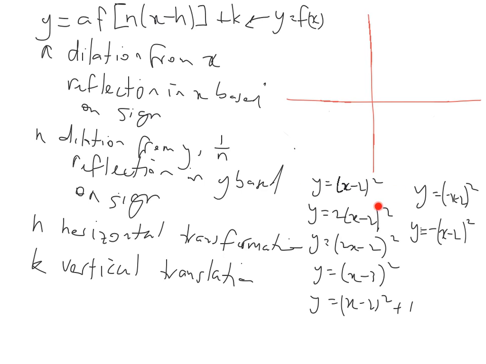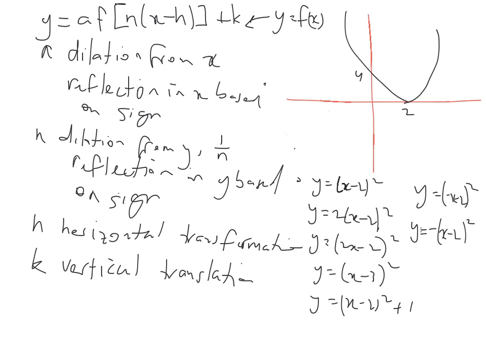So let's say we've got a base function of y equals x minus 2 all squared. Now we know that that looks like this. We're at 2, and we're cutting through there at 4. So that's that one there.